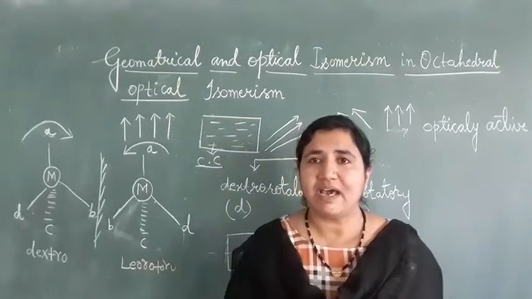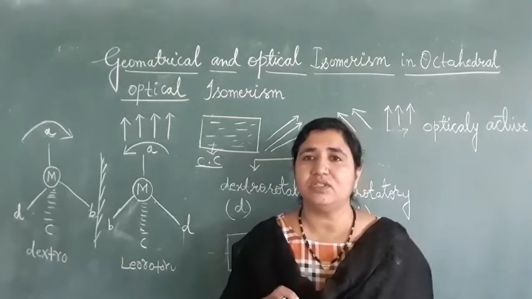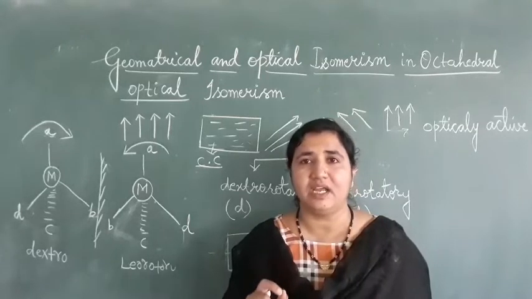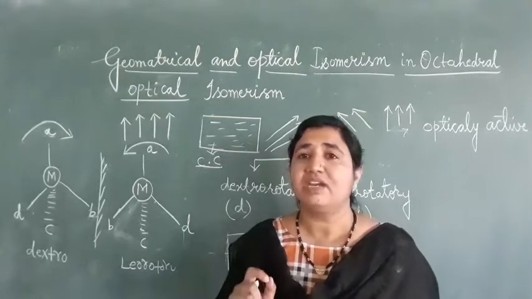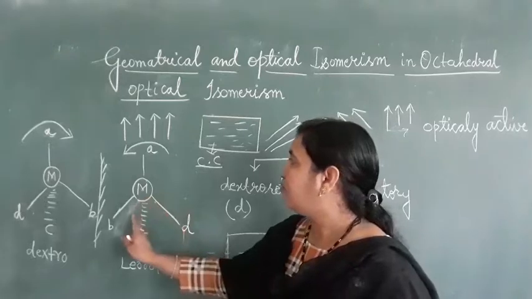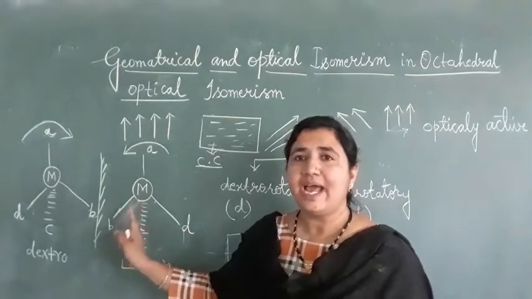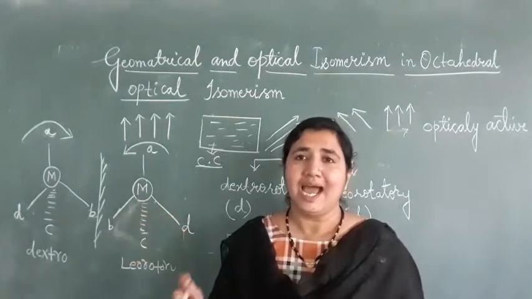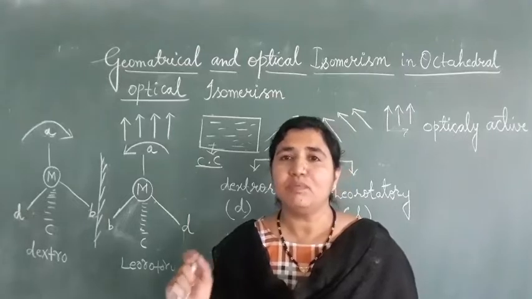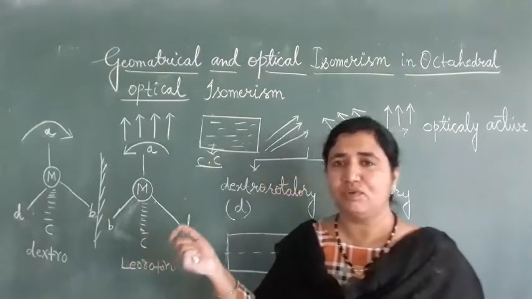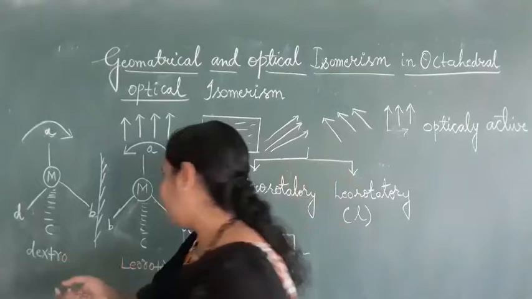So what is the requirement for a substance to be optically active? The molecule does not have a plane of symmetry, and they should be non-superimposable mirror images of each other. These two points are very important.